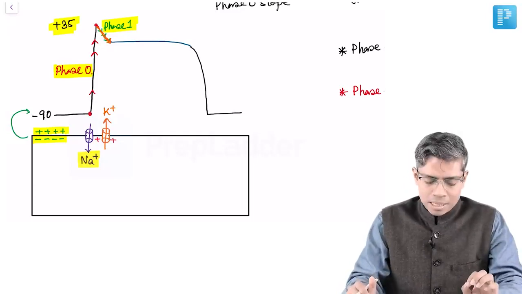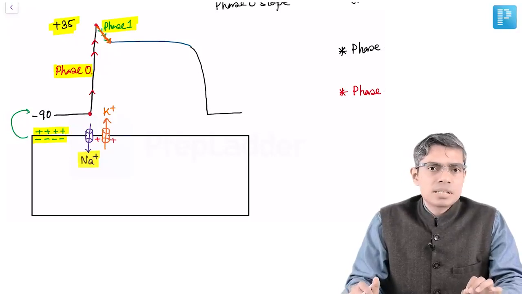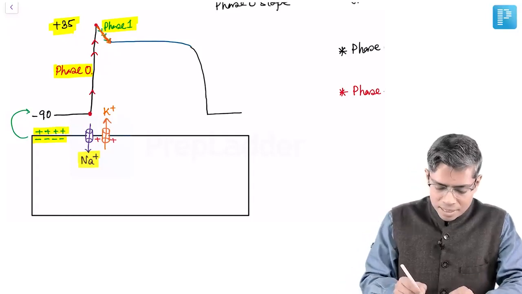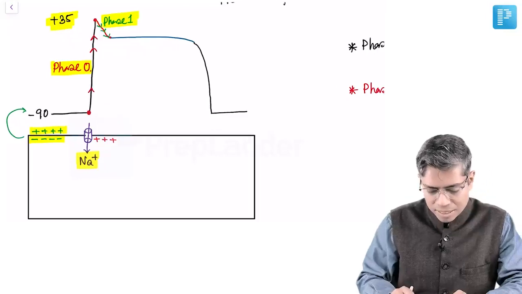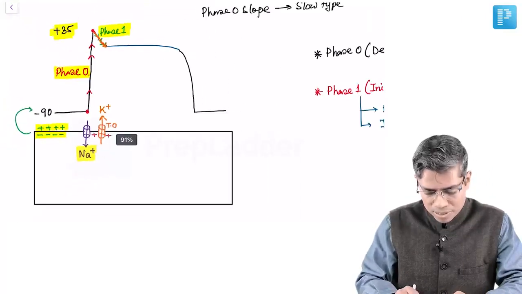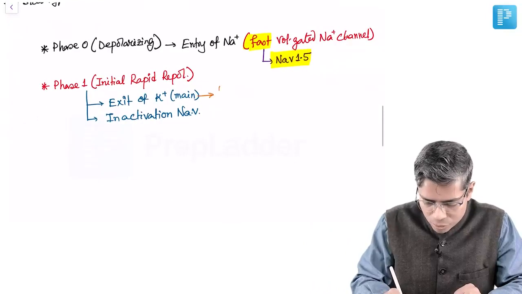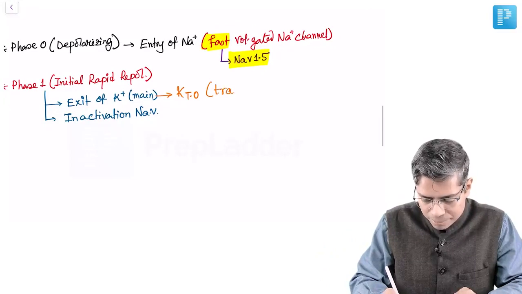Now I have to remember that the exit of potassium is occurring through a potassium channel. What is the name of this potassium channel? This potassium channel is known as the KTO type of potassium channel. So I am writing here that this exit of potassium occurs through the KTO type of channel.